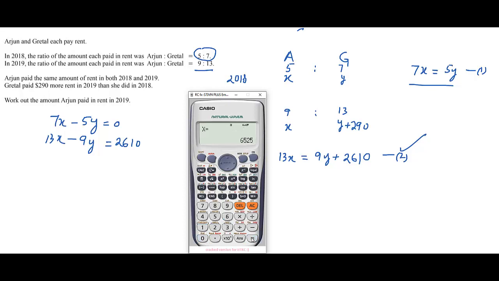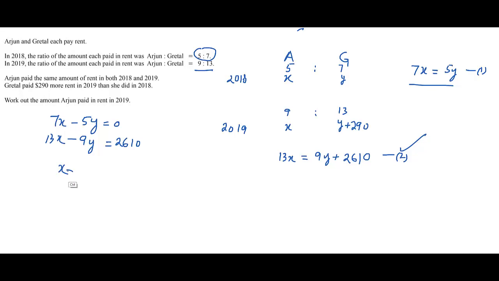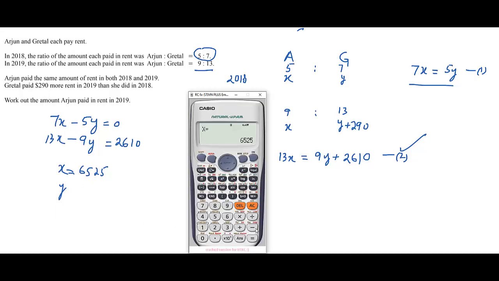So x is 6525, and y is, let me check y, 9135.